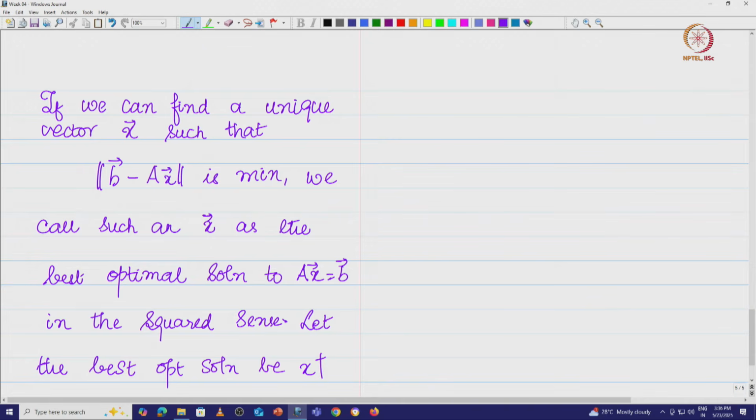Now, what are we going to say? Whatever x you put in b minus Ax here, you will get the length of this difference vector to be something, but when you put x dagger, the length that you get is the smallest, the least that you will get.